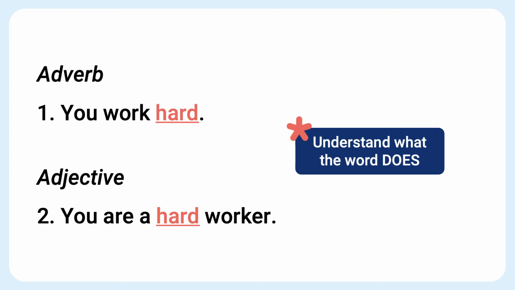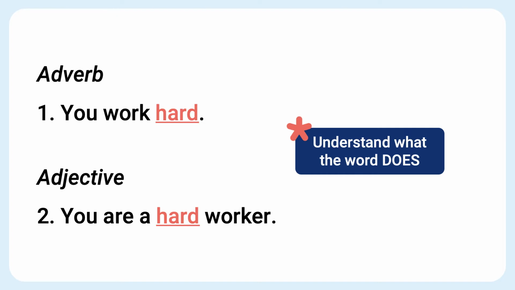So take a look at number 1 here. You work hard. So hard here is an adverb. Why? Because it's adding information to the verb work. How do you work? You work hard. Now take a look at sentence number 2. You are a hard worker. Here, it's not an adverb. It's an adjective.